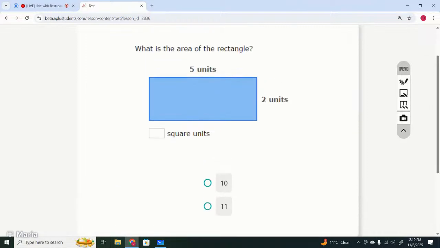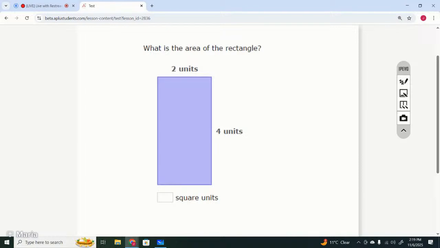What is the area of the rectangle? That is 2 times 5 equals 10. Option number 1 is the correct option.